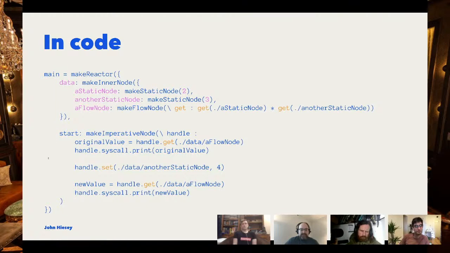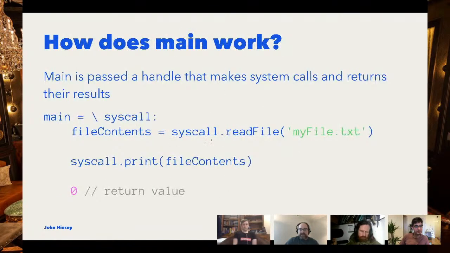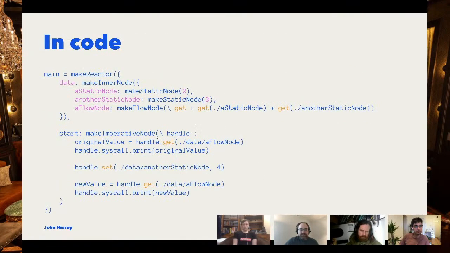Now we get to the imperative function down here, start, make imperative node. And here we get handle, and handle is similar to the idea of syscall back in this slide. I can call handle.get, that gets the value at a node. So this will calculate the value of a flow node. As we already said, the value of this was 6, and I provide dot/data. You can think of start like a file in a directory, and this is the path.